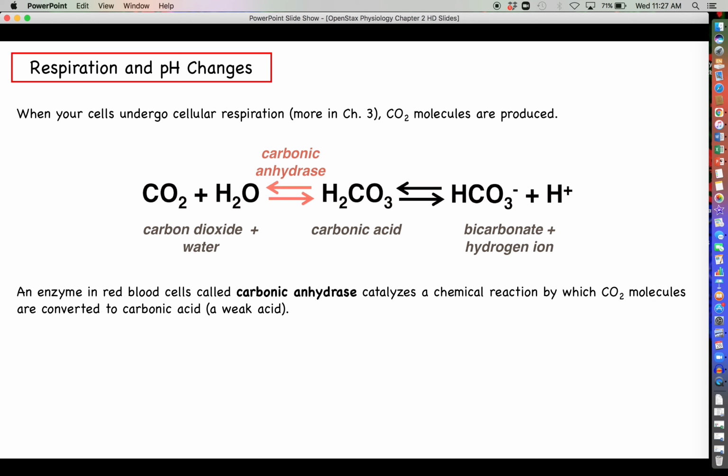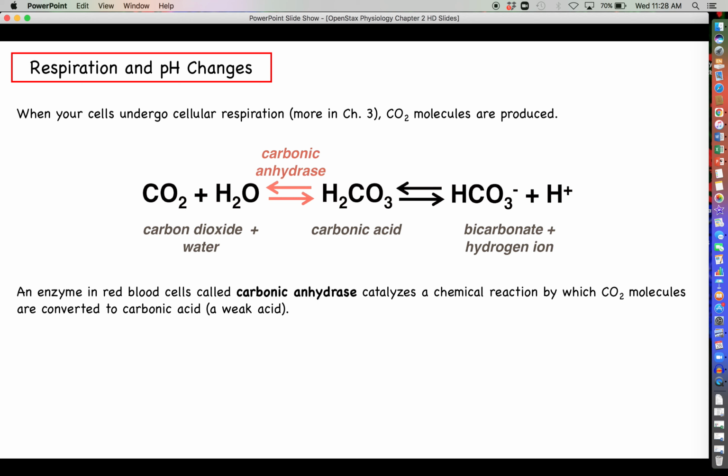Okay, so let's take a closer look at cellular respiration. Cellular respiration is something that we're going to look at in much more detail in Chapter 3, so I'm not going to say too much about it right now. But essentially what you see right here is how we handle carbon dioxide molecules that are produced during cellular respiration. That's one of the main things that cellular respiration does.